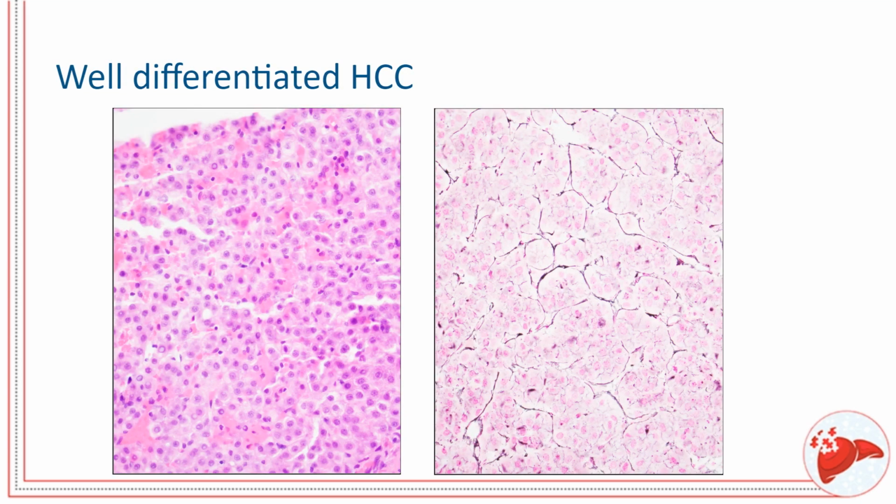In contrast, a well-differentiated hepatocellular carcinoma shows more cytologic atypia, although sometimes it can be subtle, and in those cases, reticulin stain is very helpful. For example, here, the reticulin stain is lost in the hepatocellular carcinoma cells.